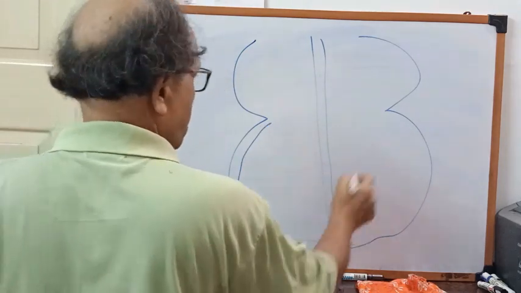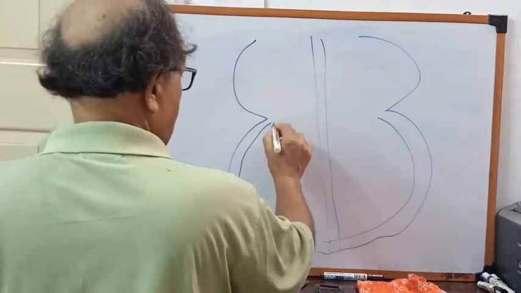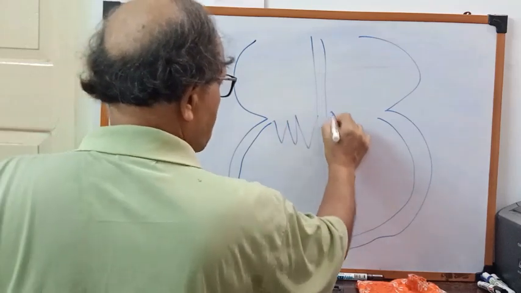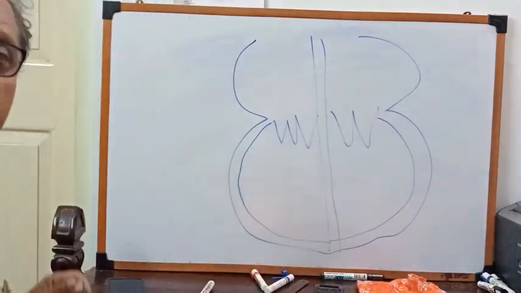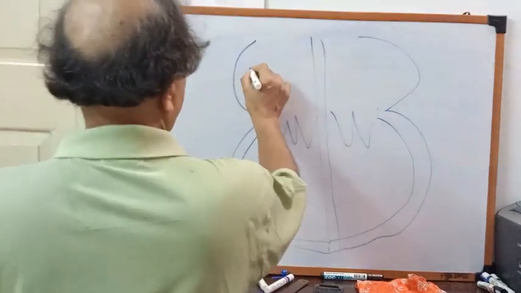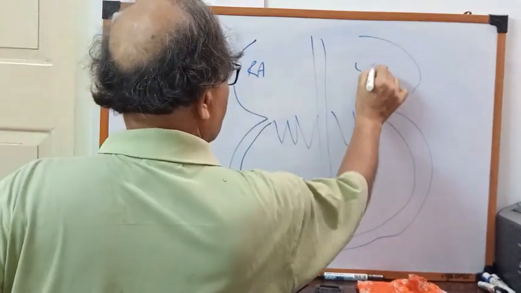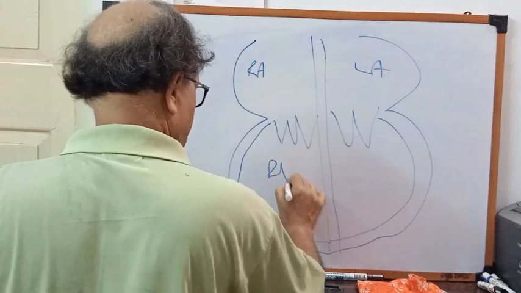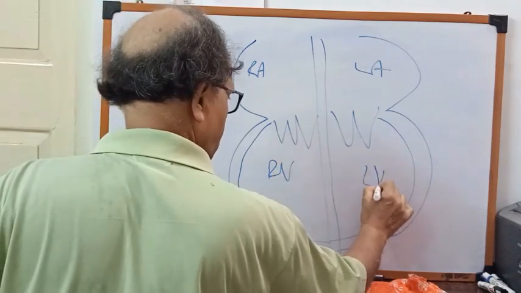So this is right ventricle, this is left ventricle, this is tricuspid valve, this is bicuspid valve, that is AV valve, this is right atrium, left atrium, right ventricle and left ventricle.